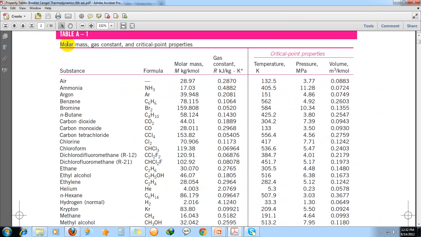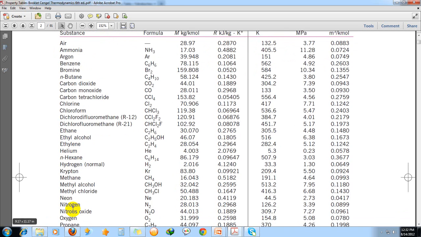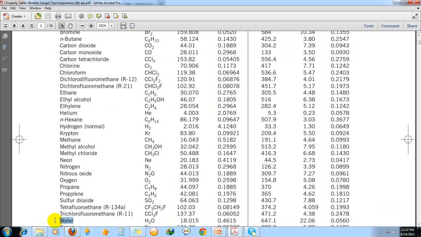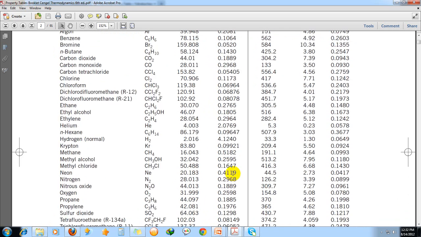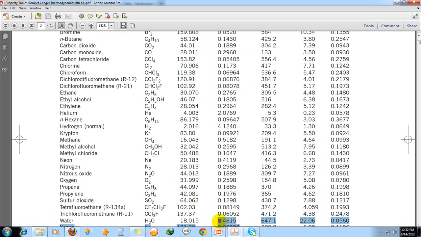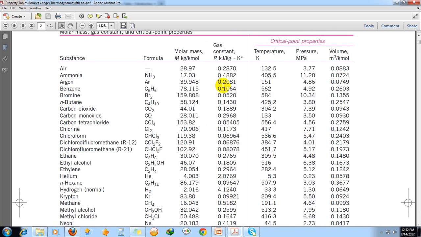Now let's read the value of R. Here are the molar mass, gas constant, and critical point properties for different substances. Our substance is water. So for water, R is equal to 0.4615, the gas constant value.